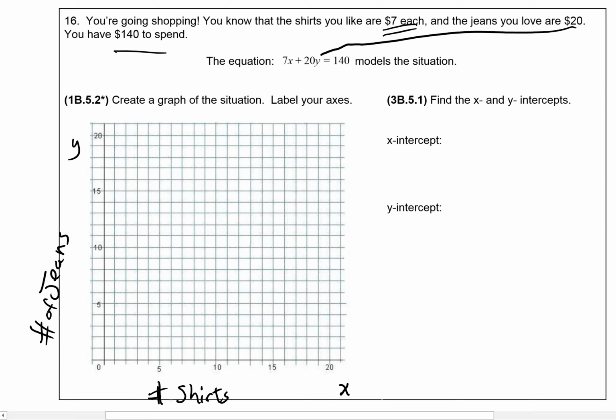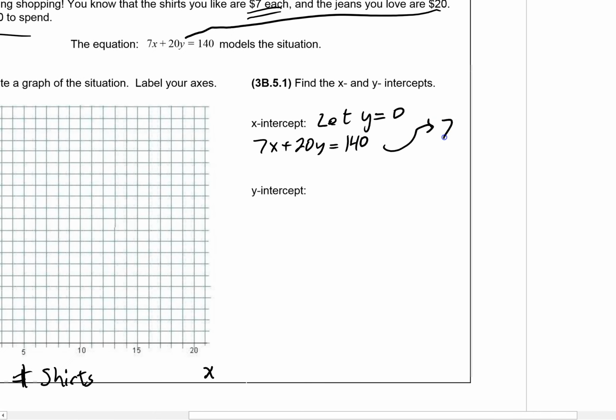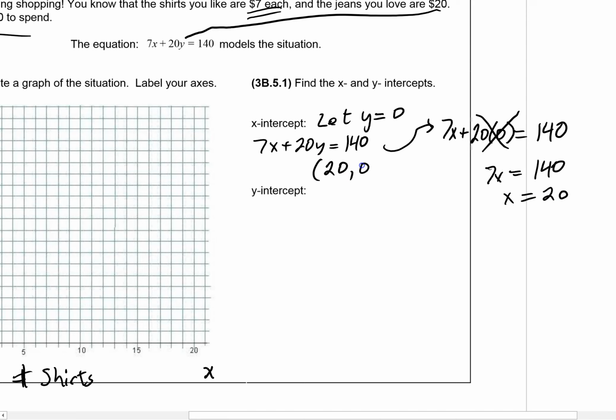So let's see if we can do this quickly. The x-intercept, we're going to let y equal 0. And what is that going to look like? Well, it's 7x plus 20 times 0 is equal to 140. Guys, that's going to disappear. You're going to have 7x is equal to 140. So x is 20. Guess what your x-intercept is? It's (20, 0).